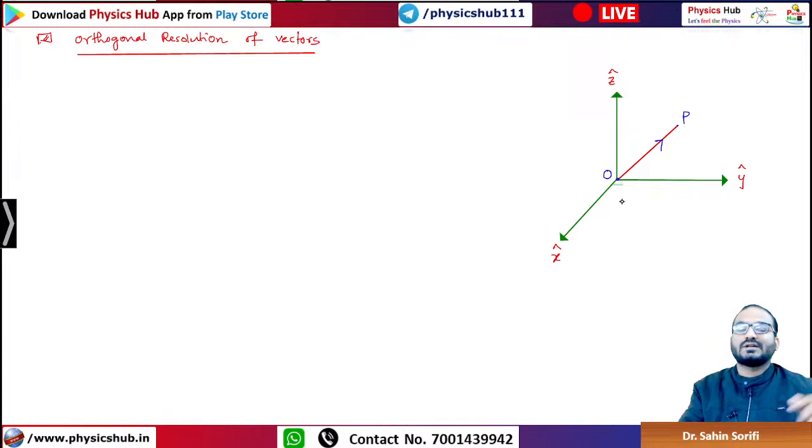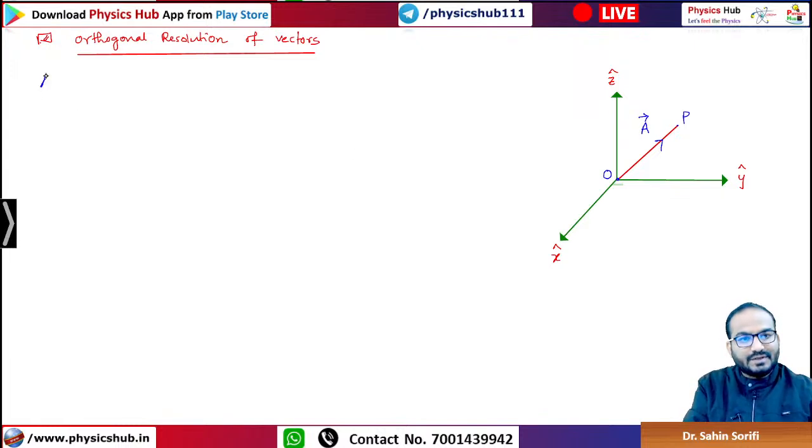So how will the resolution work? Orthogonal resolution means you see its components along the x axis, y axis, and z axis, and you see x, y, and z, they all are perpendicular to each other. That is why it is called orthogonal resolution of vectors. So let's say we are calling this vector A.